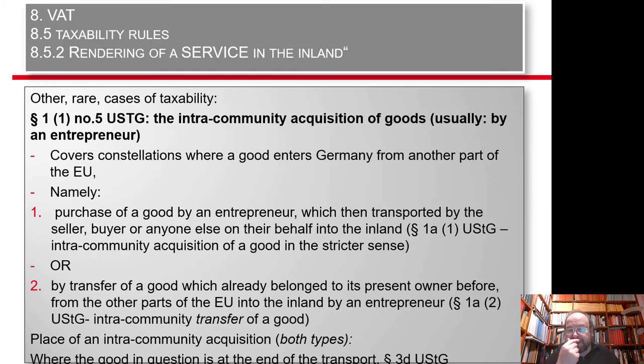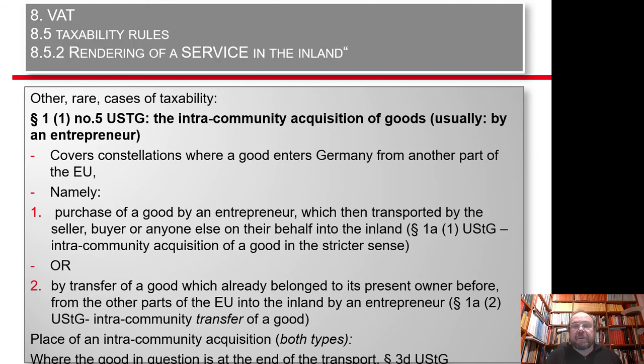11 number 5 is a kind of a parallel to the importation rules. It has to do with goods which come from the EU into the inland. The peculiarity is that between the EU countries, the border checks have been completely removed. So the 11 number 4 importation rule, which relies on the check at the border by the customs authorities, cannot work there.